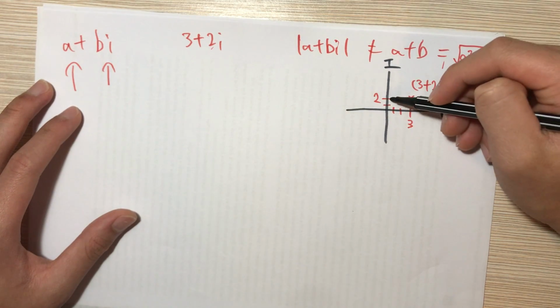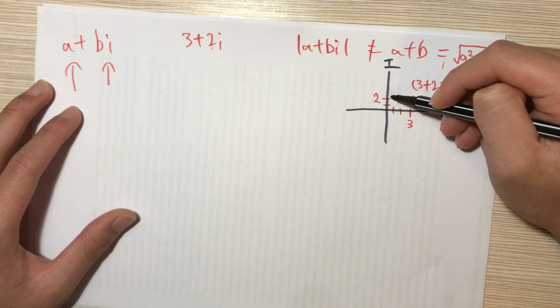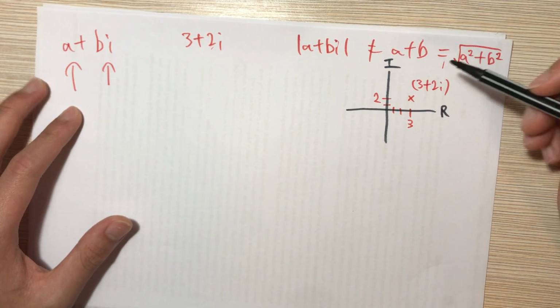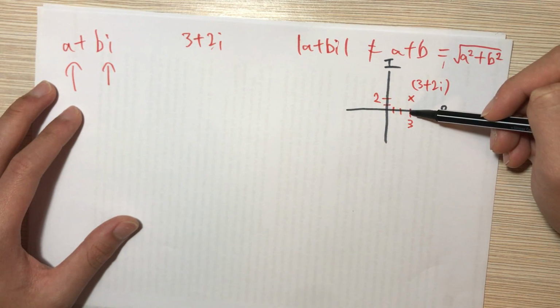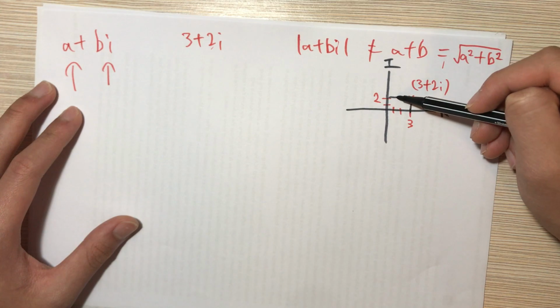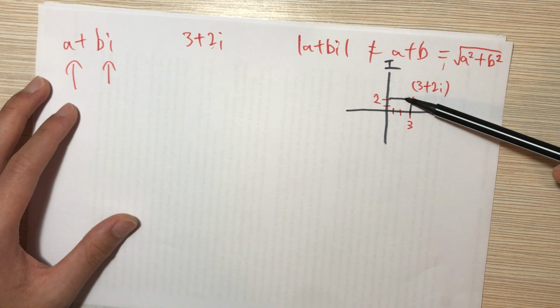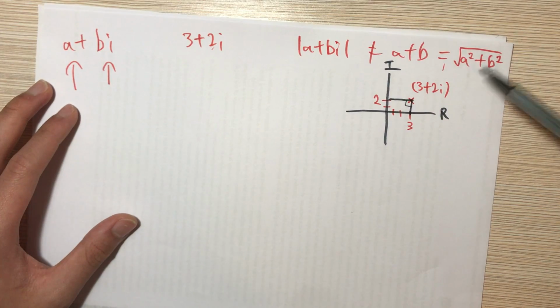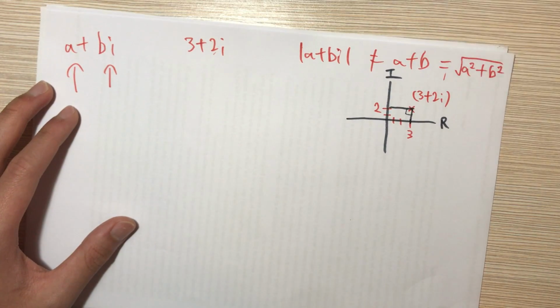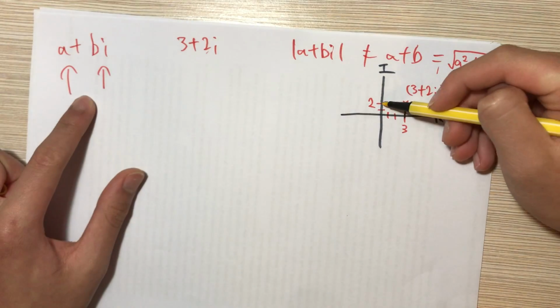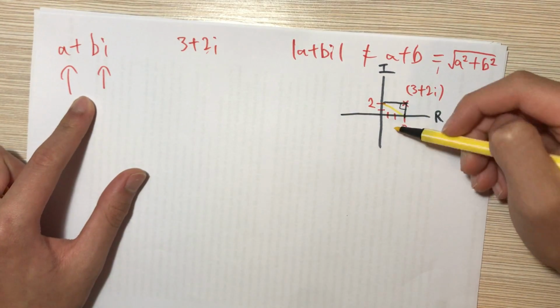Now let's draw a triangle, where the right angle is here, and the absolute value of it will be this hypotenuse.